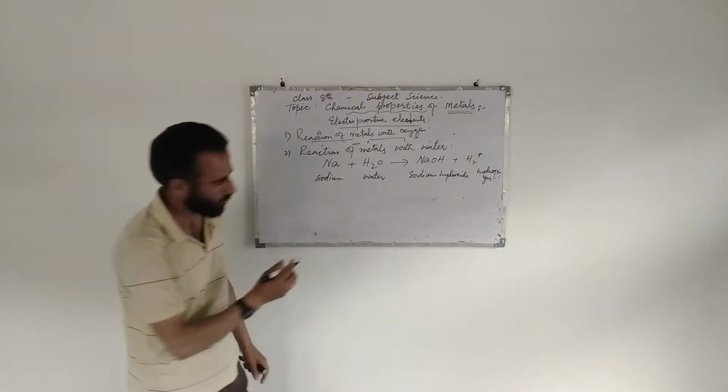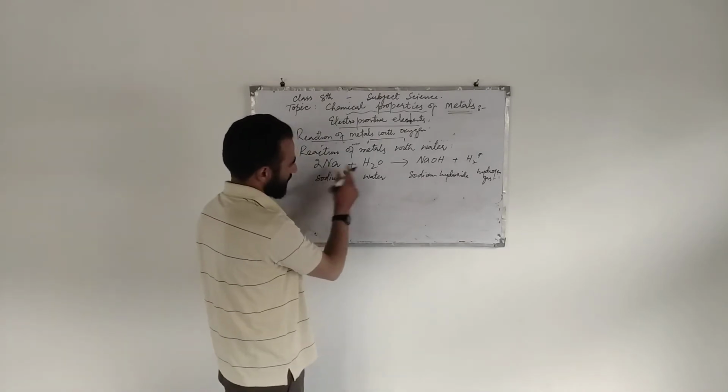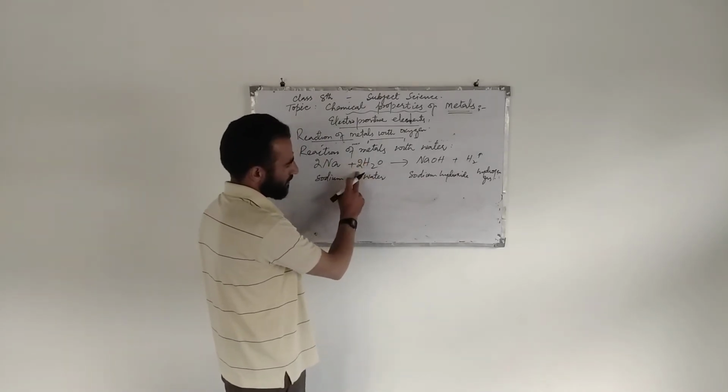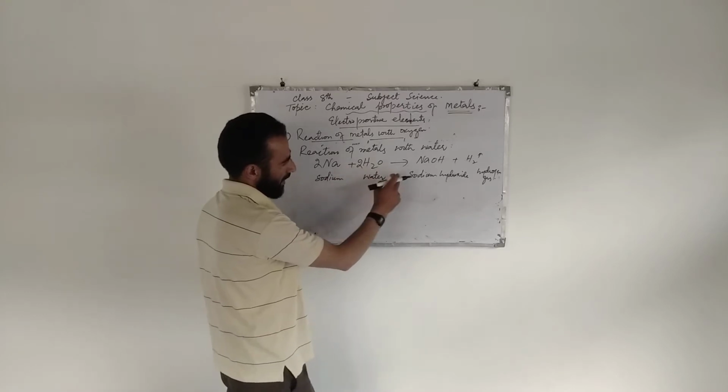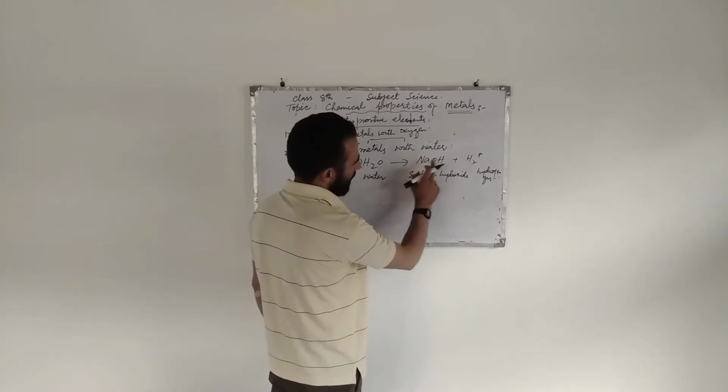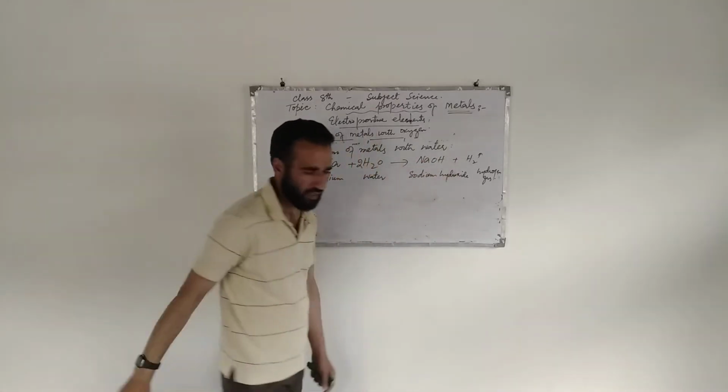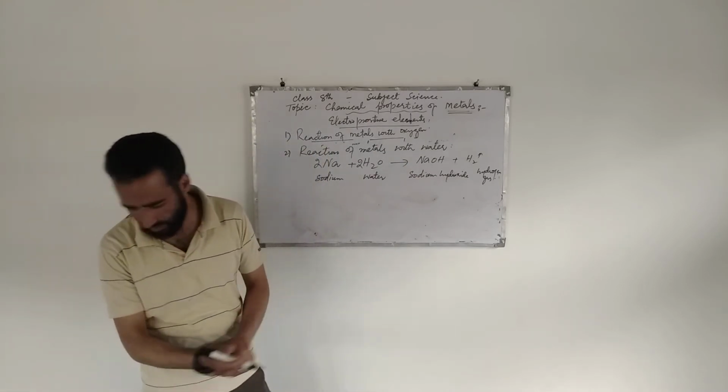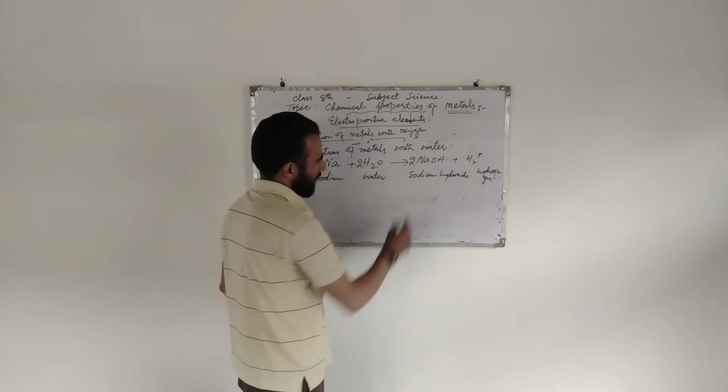Here 2 sodium atoms combine with 2 molecules of water and form sodium hydroxide plus hydrogen gas. This is a balanced chemical equation.